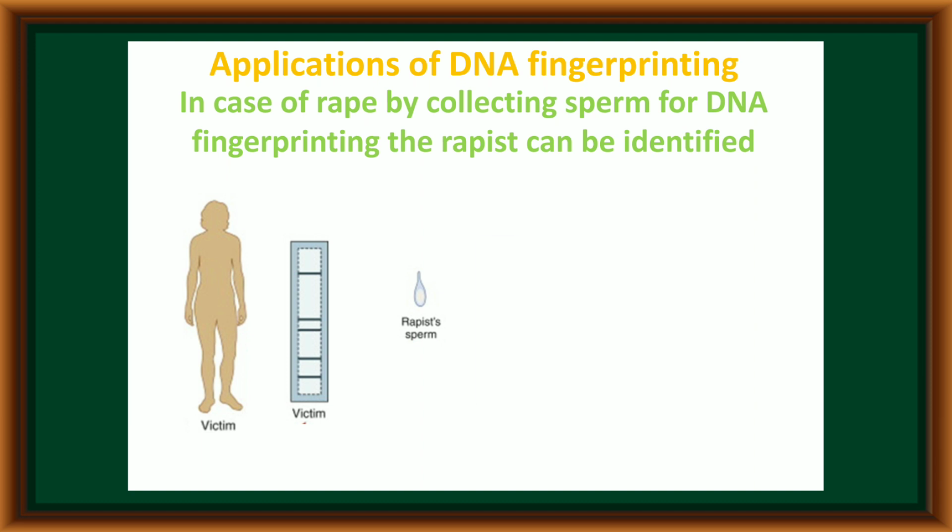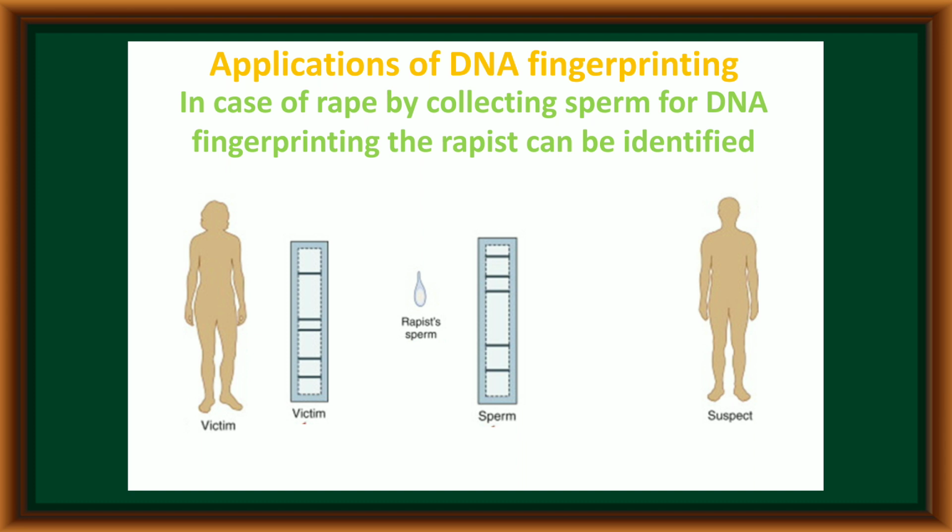Now from this sperm also we can prepare one autoradiogram picture in DNA fingerprinting. These DNA fingerprinting autoradiograms are compared with suspected persons. By collecting samples from suspected persons, we can develop an autoradiogram picture. Now finally, these are compared for correct identification.